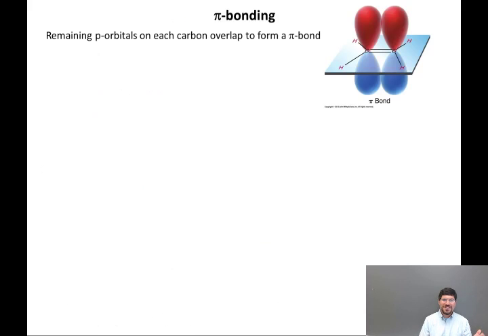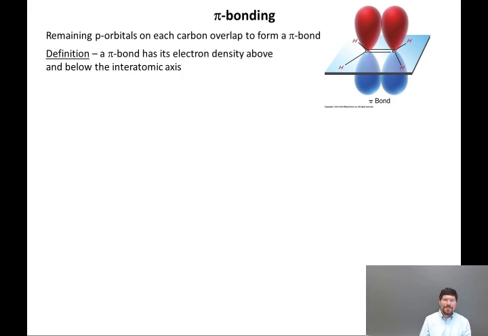So what's the definition of a pi bond? A pi bond is a bond that has its electron density above and below the interatomic axis. If we look at a model of ethylene, and you look at the carbon-carbon bond axis here, you can see in this model in particular that there is electron density above and below the interatomic axis.